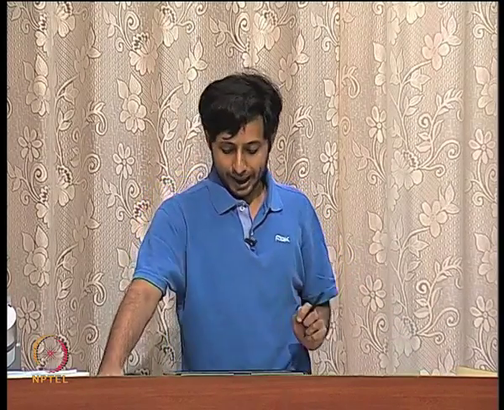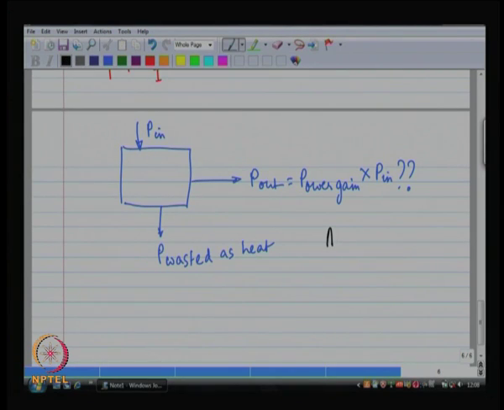Any ideas what we are talking about here? Well, this is where you have to put things in a little bit of perspective. We are talking about an active circuit. An active circuit is something that has an additional power supply.